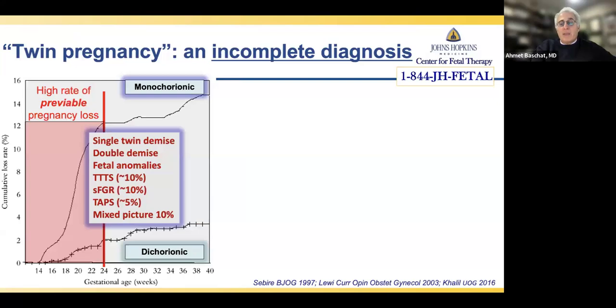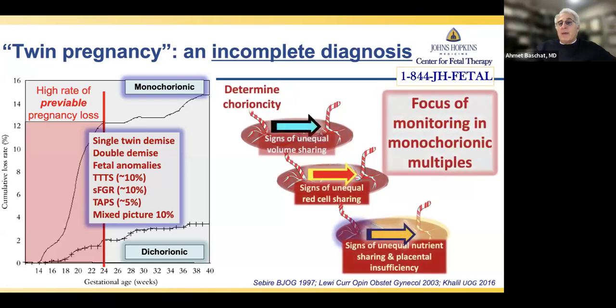So understanding the vascular structure of the monochorionic placenta, it is exceedingly important that we are clear that twin pregnancy is not actually a diagnosis. There's a fundamental difference between the risk profile of monochorionic and dichorionic twins, which is basically true of all the conditions that can exist in monochorionic but not dichorionic twins, that require us to approach monochorionic twins with a completely different focus in prenatal management.